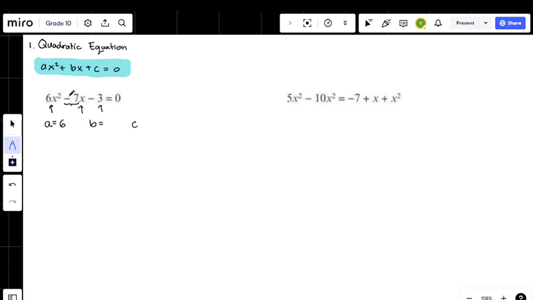So when there is a negative, don't forget to write the negative. Same goes for c. It's also a number, but we also need to put the sign here. Okay, so a is 6, b is negative 7, and c is negative 3.